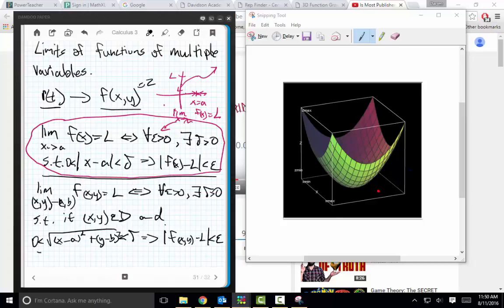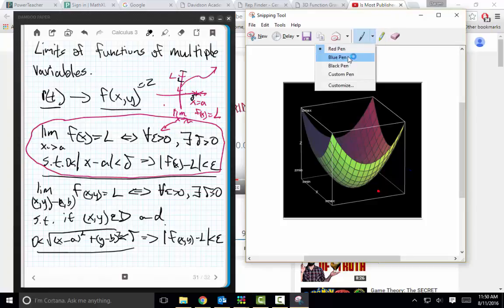Now, let me explain what this is. Because this was in 2 space, when we were talking about the Cartesian plane, this was relatively easy to understand. Remember, we grabbed a delta around x. Delta lived down here, and when we projected it up, we ended up with what I called an epsilon ball or an epsilon neighborhood.